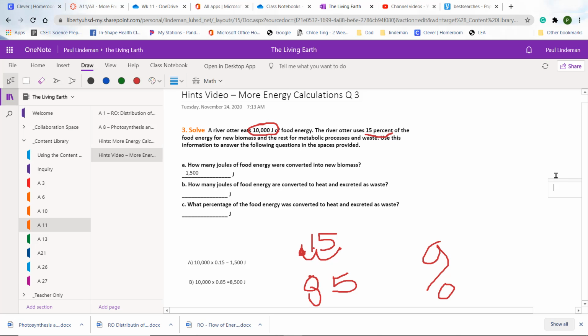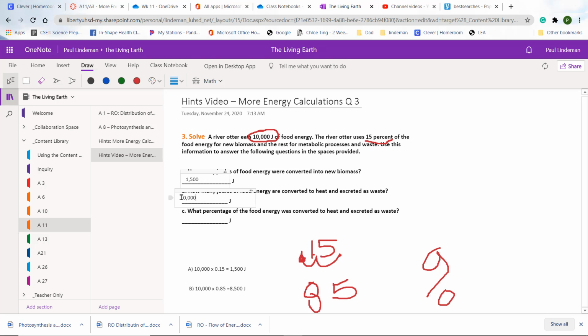I could have subtracted 1,500, and that would have given me 8,500. That is another easy way to do it when you get this problem again.